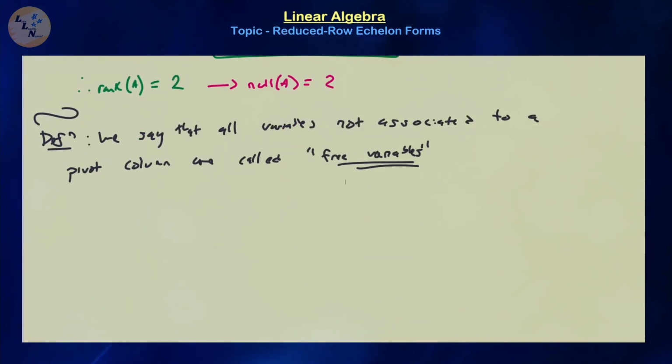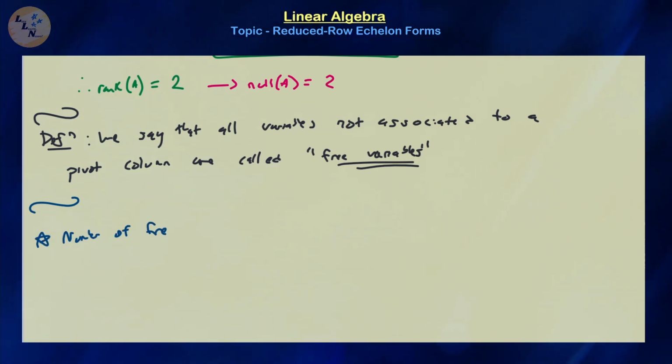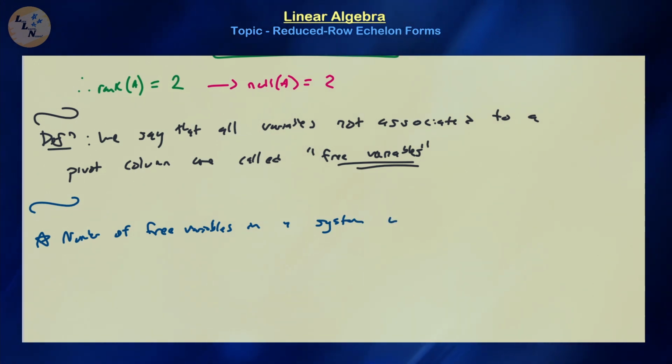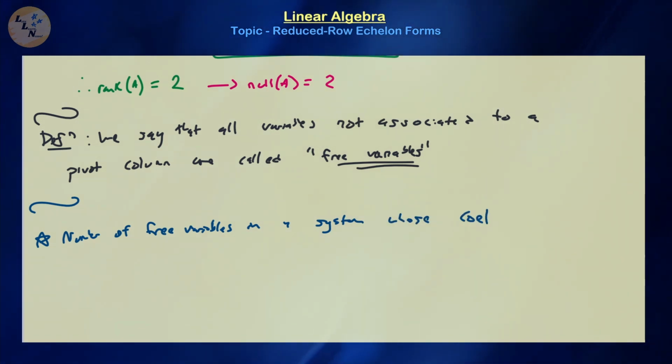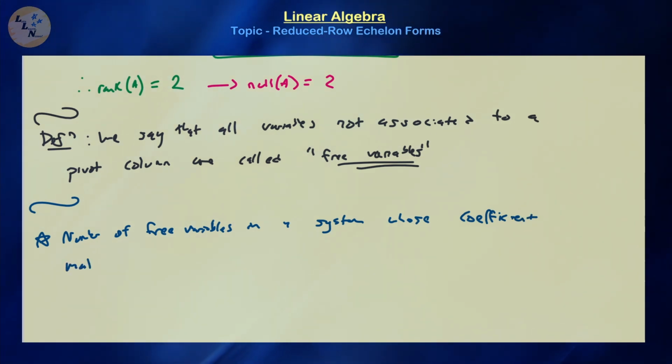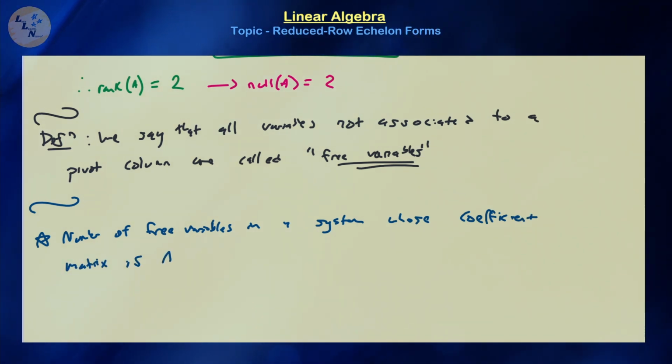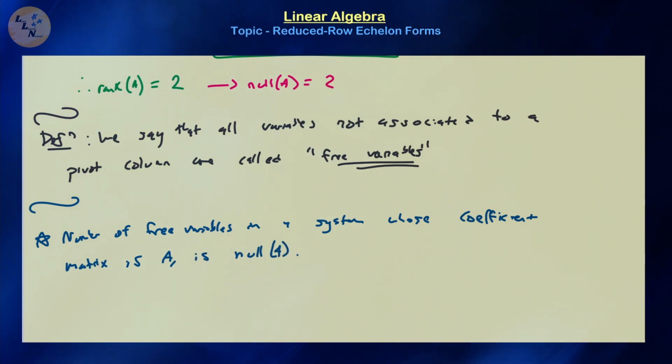Now, how can you quickly determine how many free variables you have? From this little diagram I've just shown, you should be able to tell me right now. The number of free variables in a system whose coefficient matrix is A is equal to the nullity of that coefficient matrix.